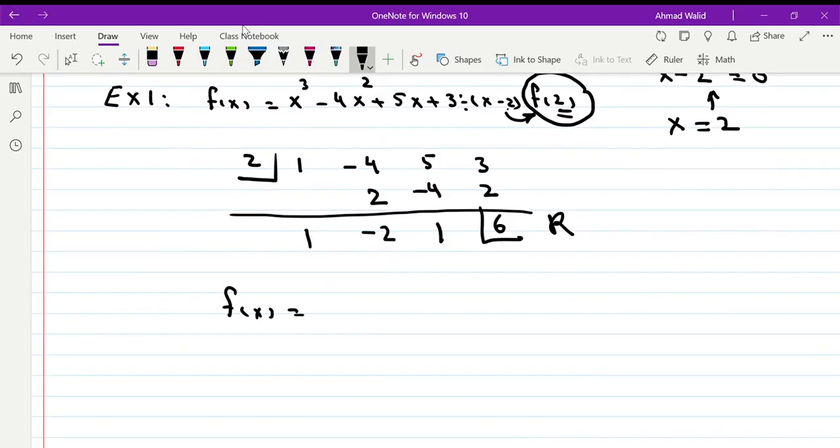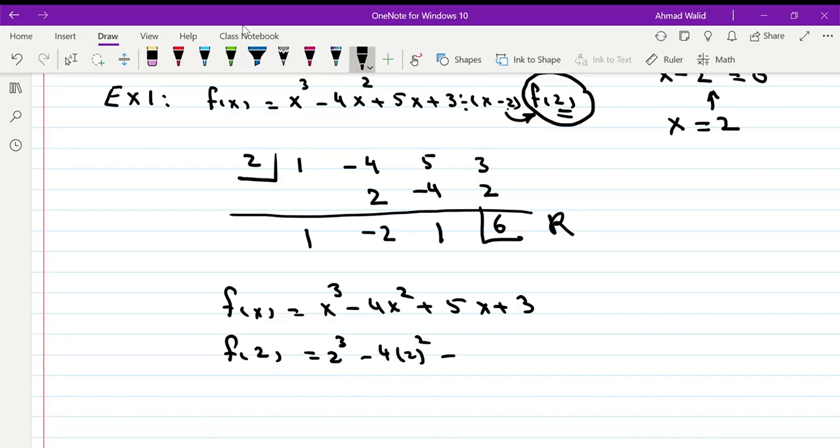F of x equals x cubed minus 4x squared plus 5x plus 3. Let's find f of 2. F of 2 equals 2 cubed minus 4 times 2 squared plus 5 times 2 plus 3, which gives you 8 minus, 2 squared is 4, 4 times 4 is 16, plus 10 plus 3.